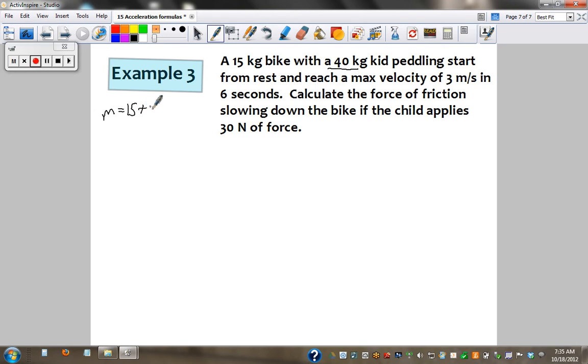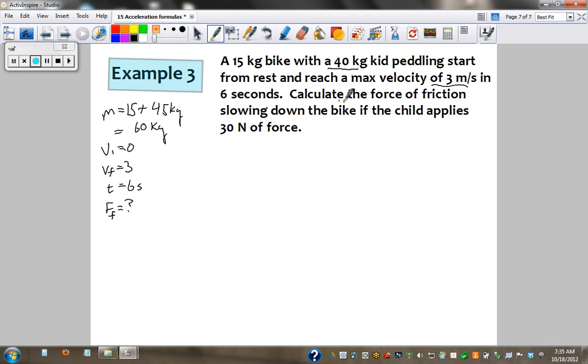And there's also a 45 kilogram kid on the bike. So the total mass is 60. Starts pedaling from rest. V initial equals 0. Max velocity of 3. V final equals 3. In time of 6 seconds. Calculate the force. The friction slowing down the bike. So it's actually force of friction.